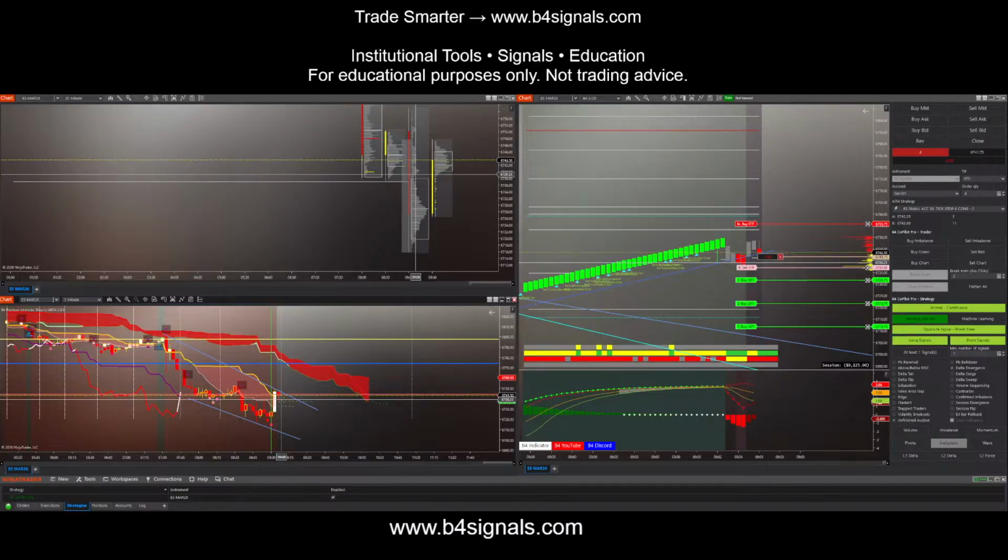A Kijun bounce would be a return to the downside momentum. We set up in anticipation here for the Kijun bounce to the downside.